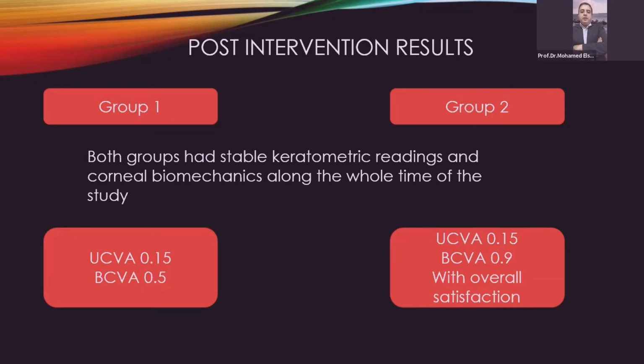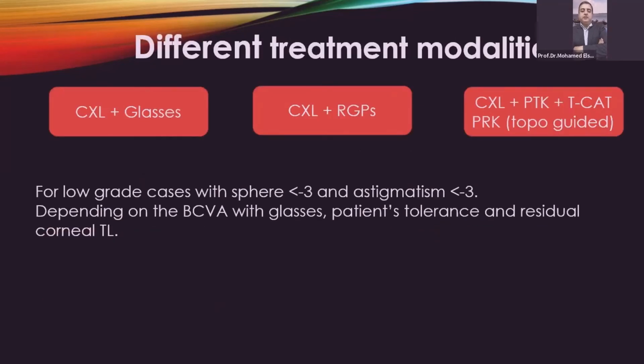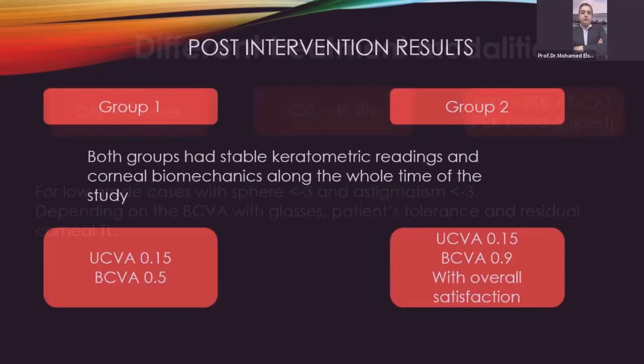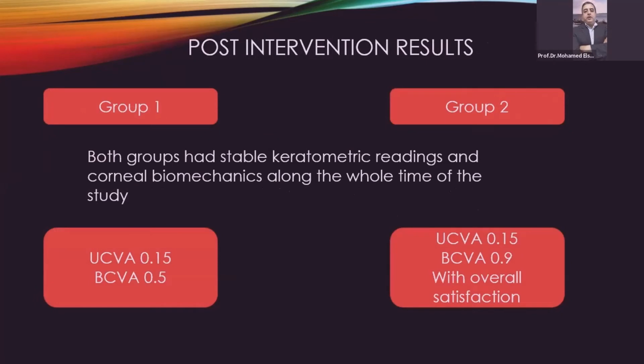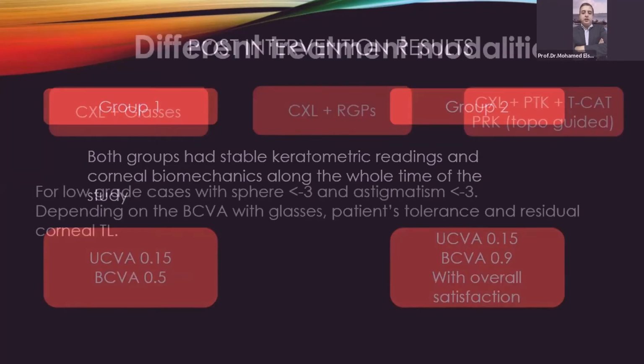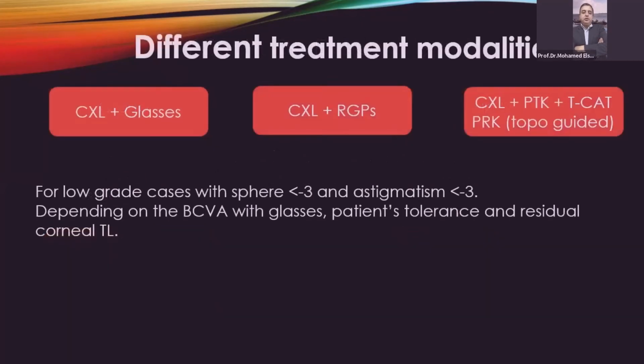So the message to take home for these cases is: don't worry if you have a case of post-Lasik ectasia. First, do the cross-linking, try to stabilize the error with glasses, and then if it doesn't fit, go to the other option, which is the RGPs.